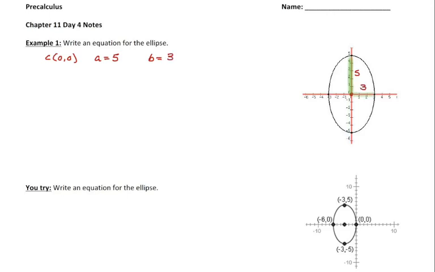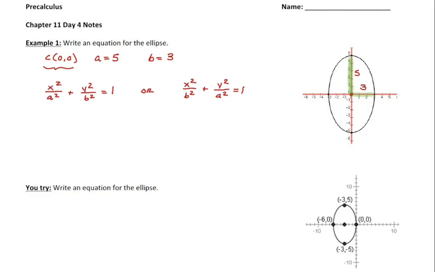So now that I know A and B, and my center's at 0, 0, there's really two options for the equation for this ellipse. One of them is x squared over a squared plus y squared over b squared equals 1, or x squared over b squared plus y squared over a squared equals 1. And the major difference between them is where a and b are located.